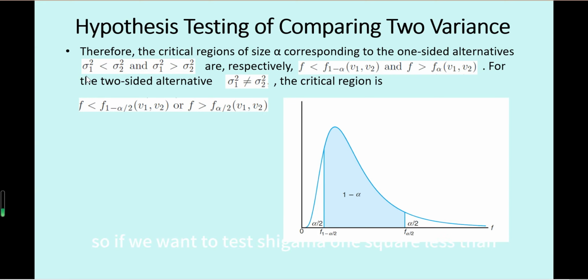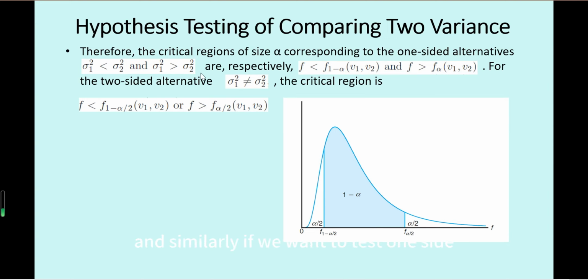If we want to test sigma 1 square less than sigma 2 square, this is the alternative hypothesis. Then we look at this area, where the sample statistic is less than the critical value. Here the area is 1 minus alpha. If the sample F is on the left side, in the white area of this critical value, then the test will be significant.